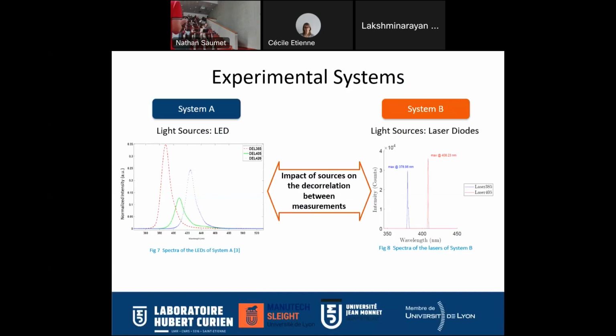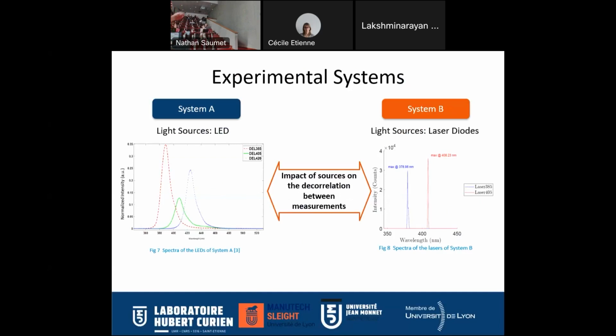So we compared two different experimental systems. The first one, which I will call system A, excites the fluorescence with LEDs. Each LED has a quite wide excitation spectrum. And on the right side here, you have system B with laser diodes, which have a thinner spectral emission.